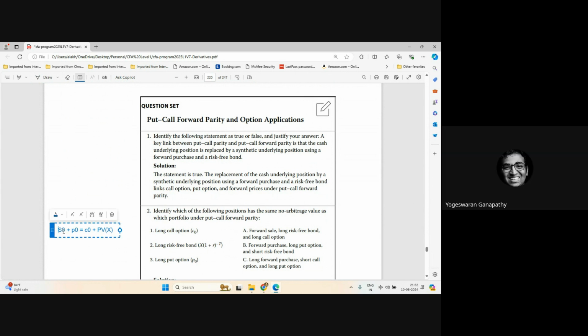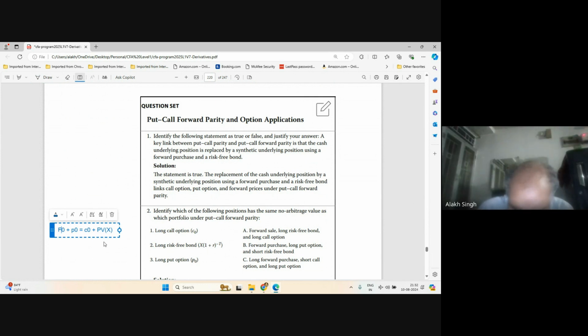This one is F0T, and this one is F0T times (1 plus R) to the power minus T.